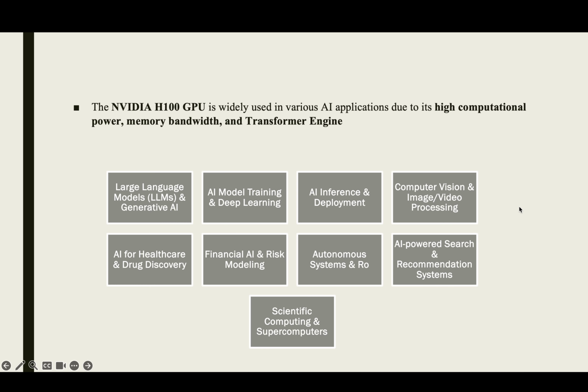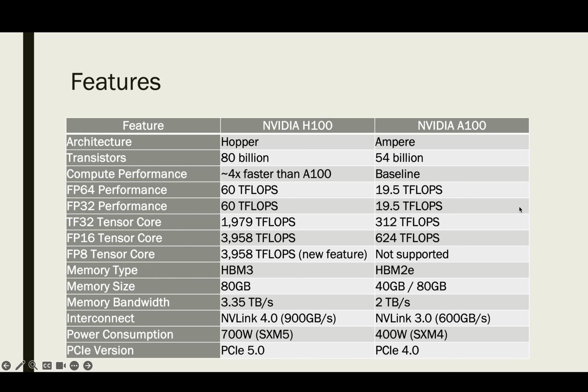Now moving on to the different features supported by NVIDIA H100 and NVIDIA A100. From an architecture perspective, it's the Hopper architecture for H100 and Ampere for A100. Transistors: 80 billion and 54 billion.